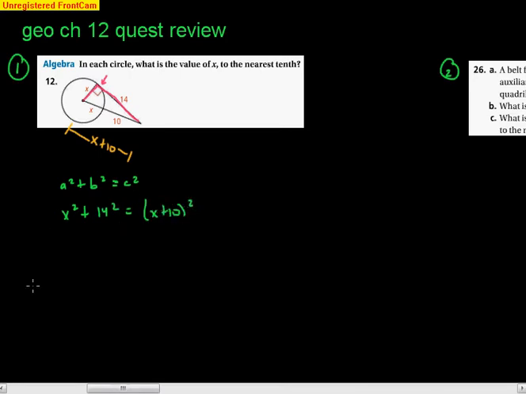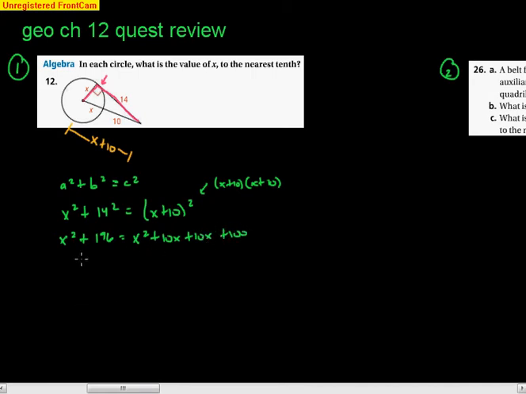So on this left side here, it's just x squared plus 196. And on the right side here, this x plus 10 squared, what that really means is x plus 10 times x plus 10. And you must multiply that out or FOIL it, however you want to call it. So when you multiply it out, you get x squared plus 10x plus 10x plus 100.